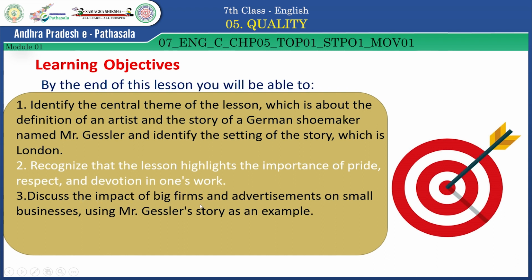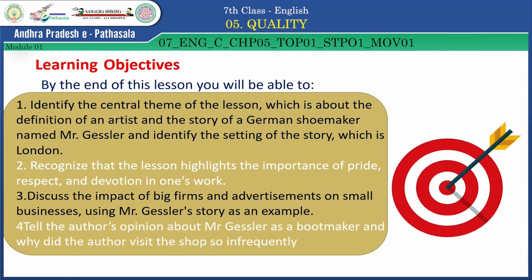Discuss the impact of big firms and advertisements on small businesses, using Mr. Gessler's story as an example. Tell the author's opinion about Mr. Gessler as a bootmaker and why the author visited the shop so infrequently.